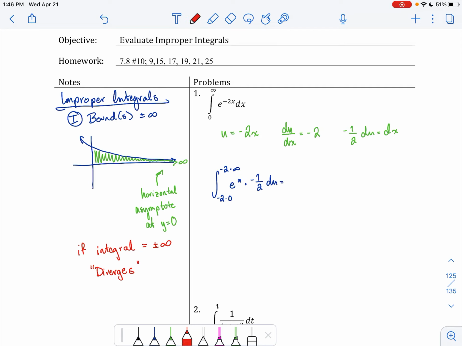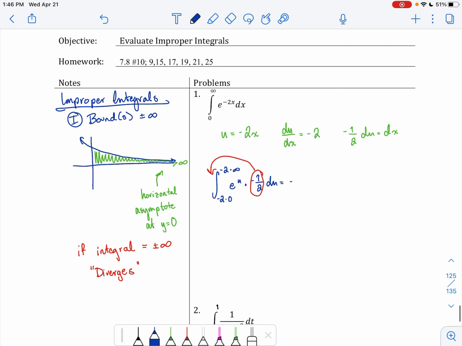I am going to pull the coefficient forward, so negative 1/2 times the integral from 0 to negative infinity of e to the u du. The antiderivative of e to the u is just e to the u, so negative 1/2 times e to the u from 0 to negative infinity.